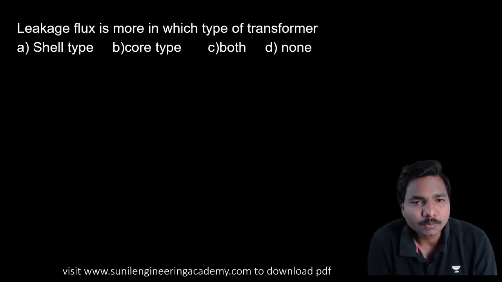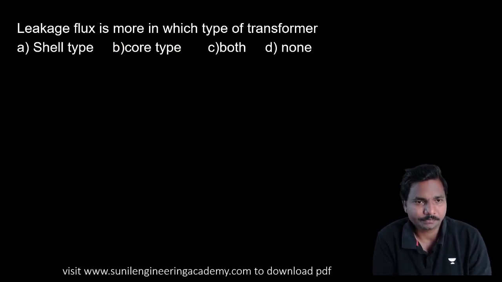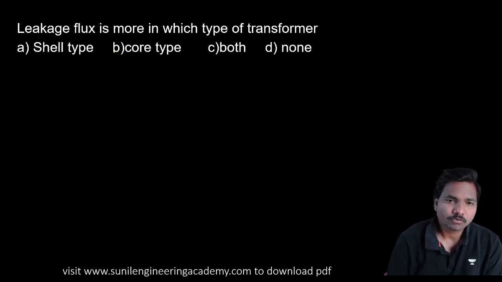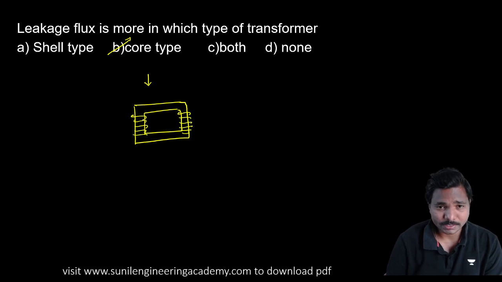Leakage flux is more in which type of transformer, shell type or core type? Leakage flux is more in the core type transformer. Why? Because in the core type transformer, one winding is here and another winding is here, so there is a lot of gap between these two, which means a chance of more leakage flux.